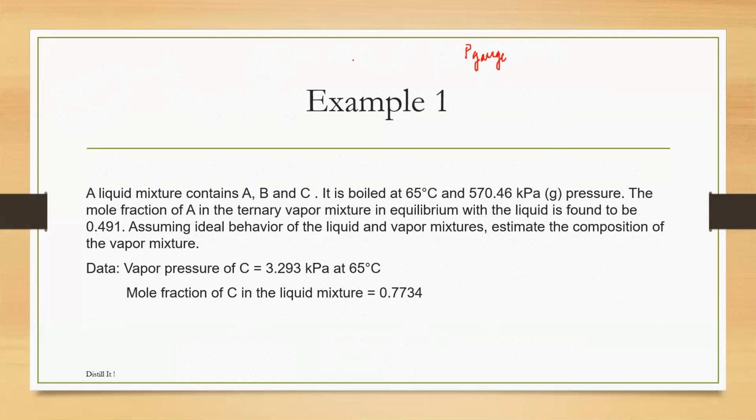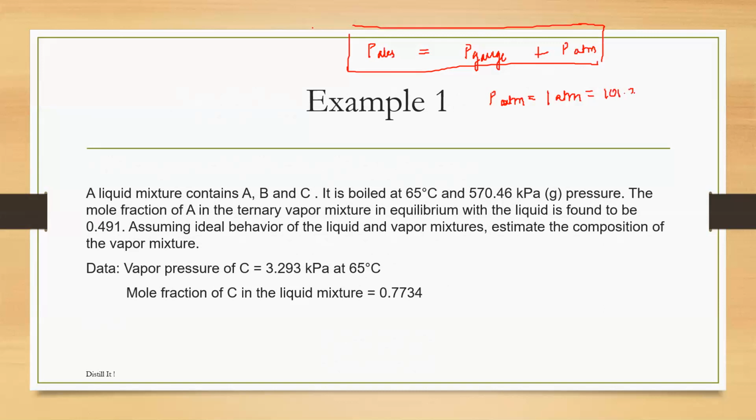But whenever we are doing our VLE calculations, we always need absolute pressure. So absolute pressure is equal to gauge pressure plus atmospheric pressure. Keep this in mind. Now, atmospheric pressure is equal to 1 atm, and 1 atm is equal to 101.325 kilopascal.